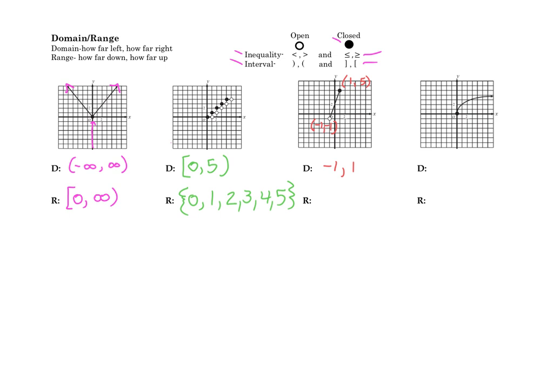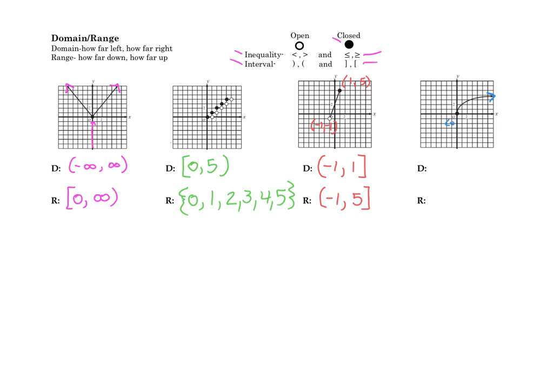And down at -1, it's an open circle, and up at the +1, it is a bracket because it's closed. The range is bottom to top, and so the lowest point is at -1, the highest point is at 5, and down there at -1, it is an open circle, and at the 5, it's a closed circle. Then this last one is a continuous graph.